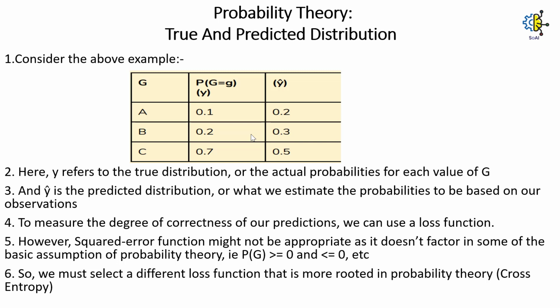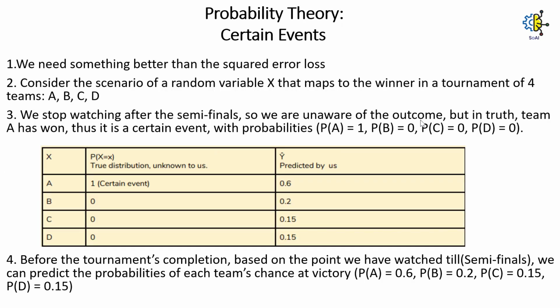However, the squared error function might not be appropriate as it doesn't factor in some of the basic assumptions of probability theory, that is, probability of g is greater than or equal to 0 and smaller than or equal to 1, etc. So we must select a different loss function that is more rooted in probability theory, that is cross entropy. We need something better than the squared error loss.